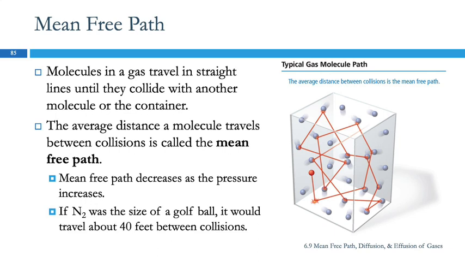If you increase the pressure, the particles are going to be closer together or traveling faster, and so the mean free path is going to get smaller. And just to give you an idea for scale, if you're looking at nitrogen, and nitrogen was the size of a golf ball, it could travel about 40 feet before it runs into something, and then it's going to bounce off. That's on average.